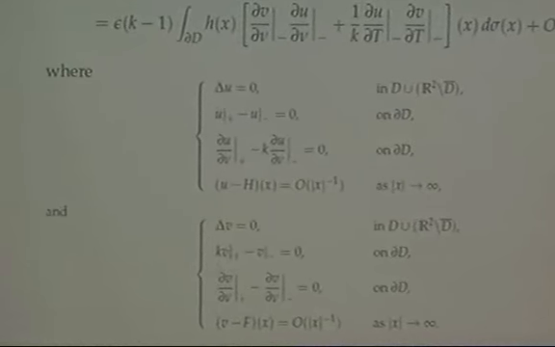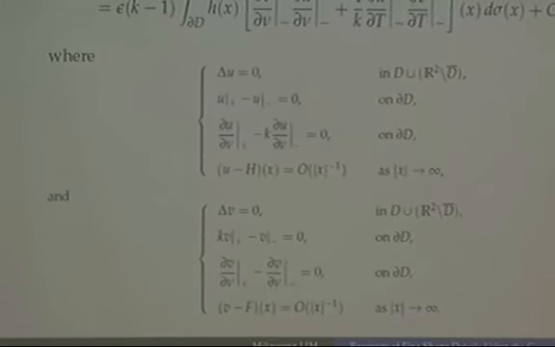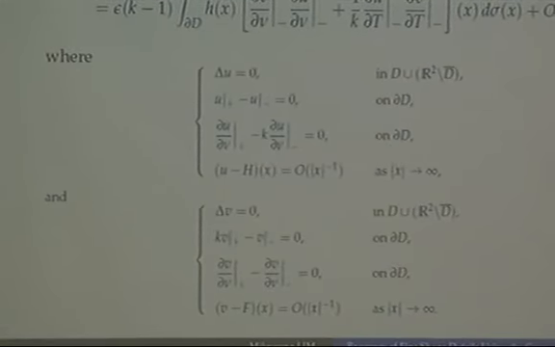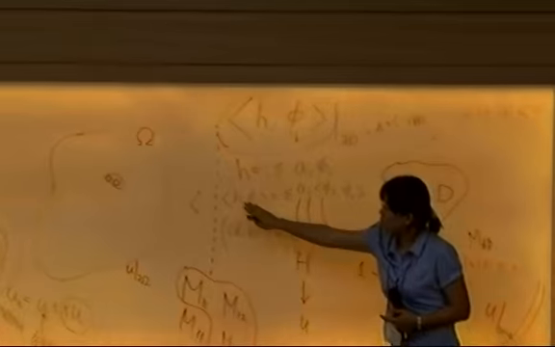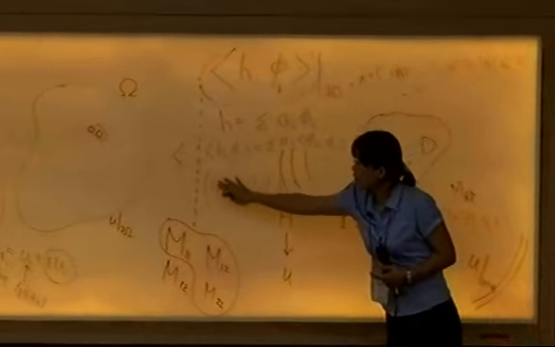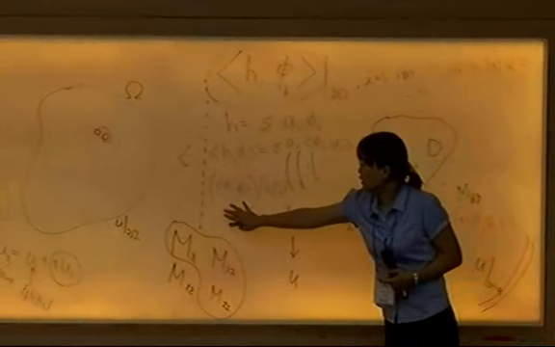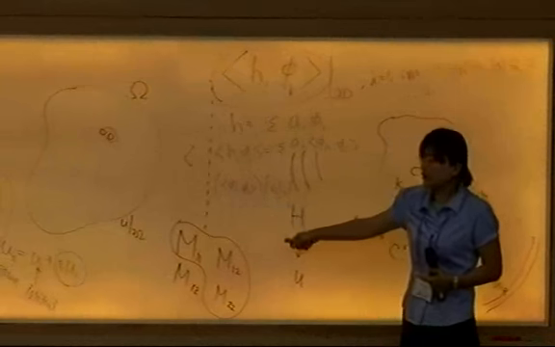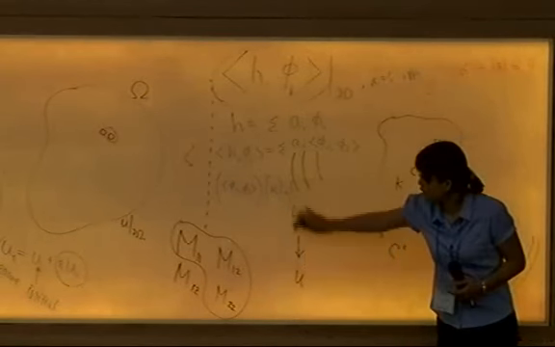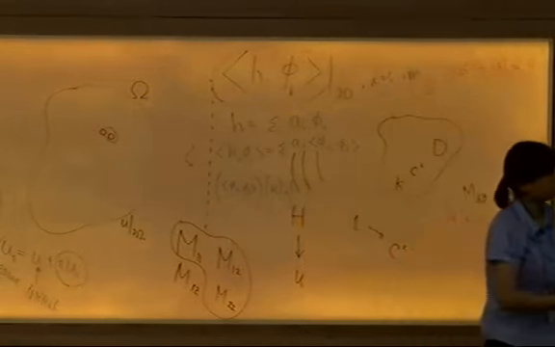Again, I set H as the combination of this basis function. The information we have is the inner product of H and phi i. So I take the inner product of H and phi j, and the final step is one matrix times the coefficient vector equals the measurement data.